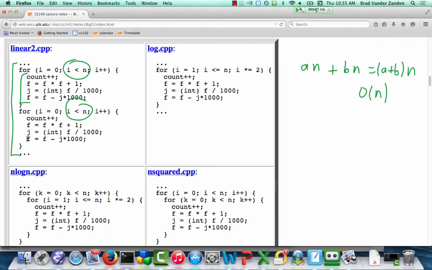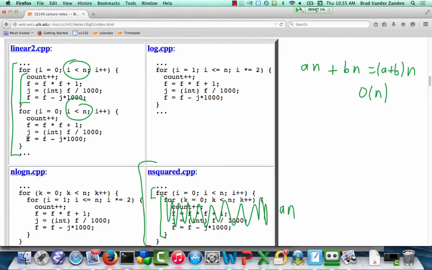Okay, so that's an example of combining the sequence rule, which was rule 1, with the loop rule. Okay? This one is n squared because we first look at the innermost loop, which is taking n iterations times some number of instructions per iteration. Once we have that, we know the inner loop is an.